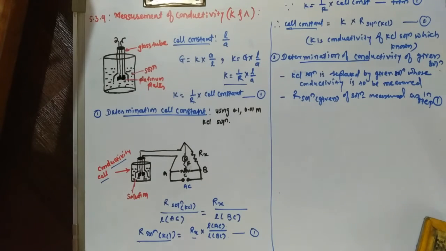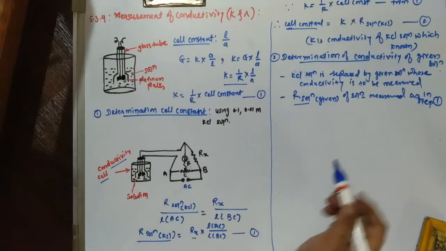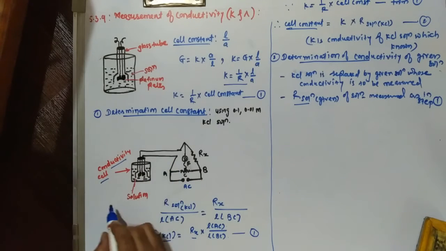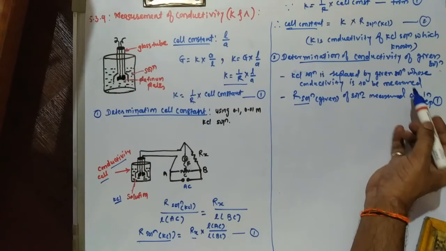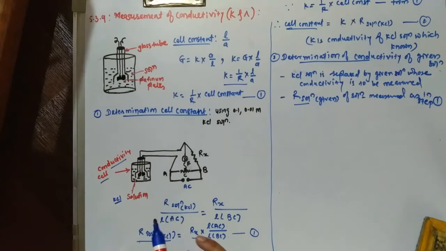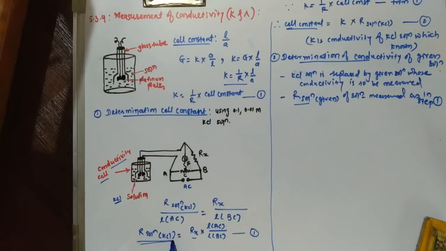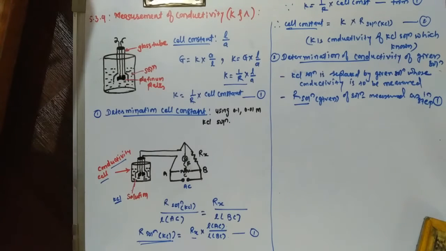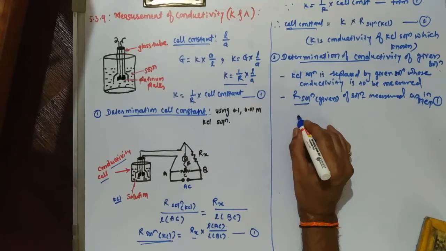What is to be done actually here: the KCl solution is replaced with the new solution whose conductivity is to be measured. Now, as we have determined the resistance of this solution, the conductivity of the solution is to be calculated.